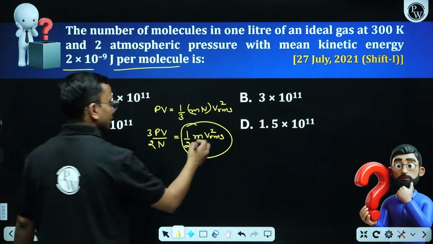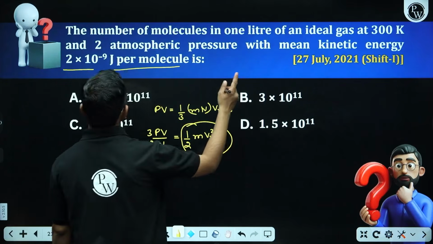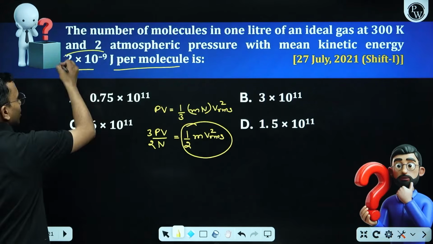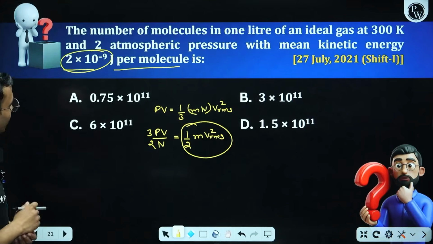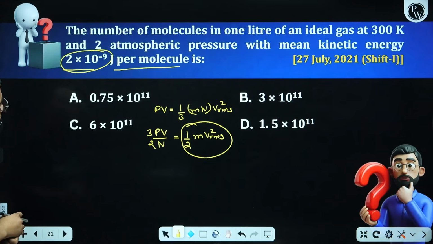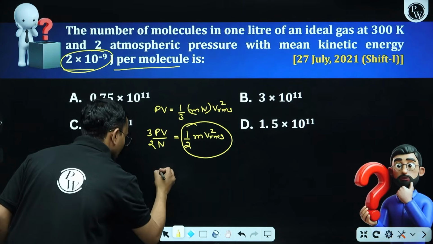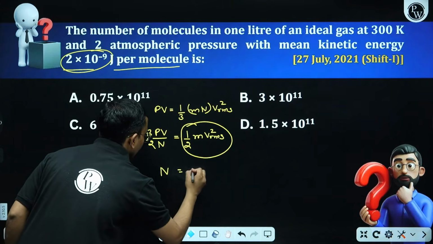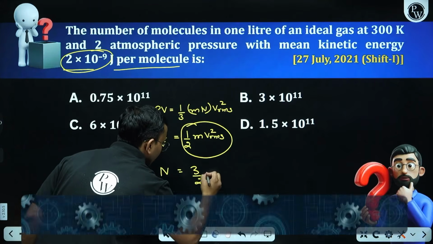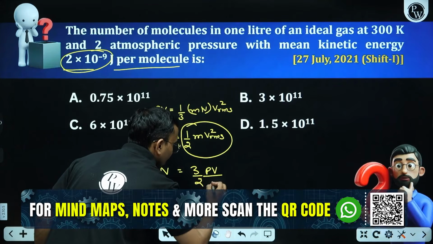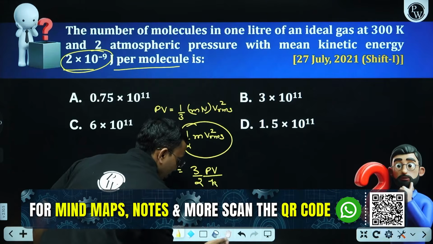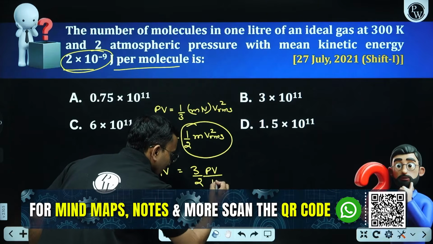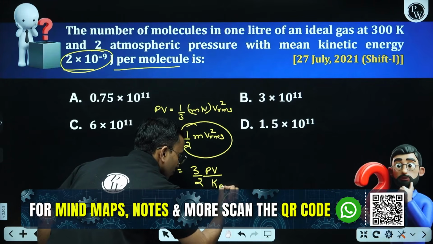This is given to us. What I need to find is the number of molecules. So I can say the number of molecules is equal to 3 by 2 PV divided by the kinetic energy per molecule.